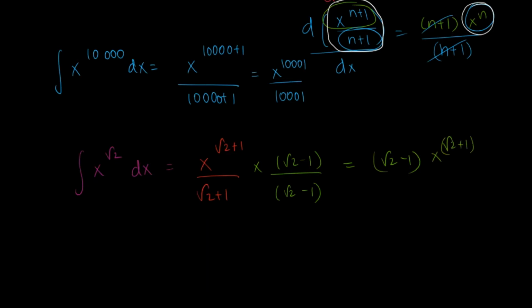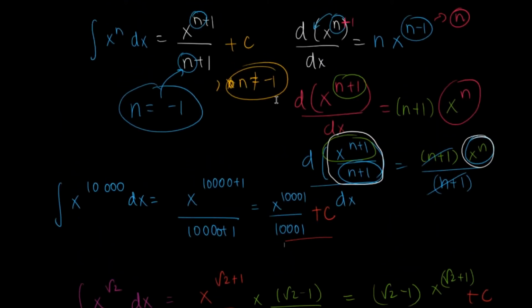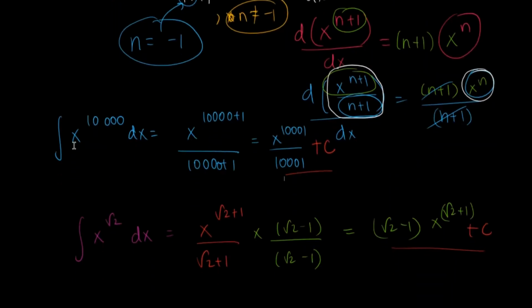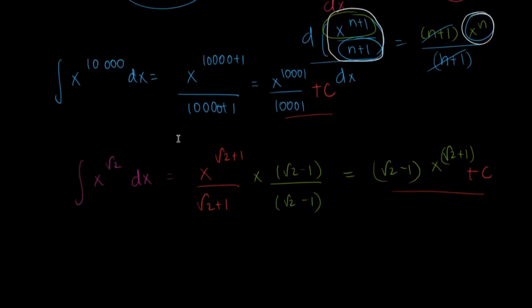And in both of these cases, and I'm so silly I just ignored it, you need to include a plus c here as well as here. So for all cases, except when the index is equal to -1, you can always apply this rule to find the integral of any x to the power of n function you find.